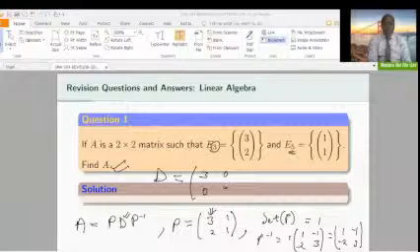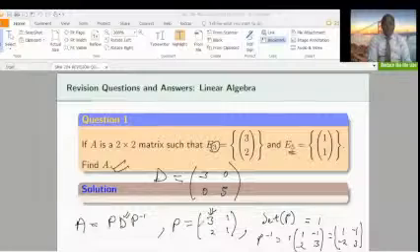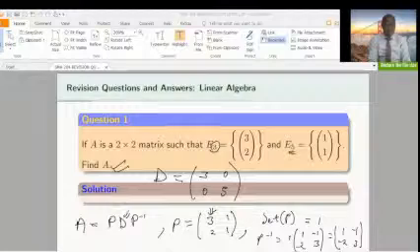So 5 comes second. So then this is D, and this is P, and this is P inverse. So now we just need to find A.